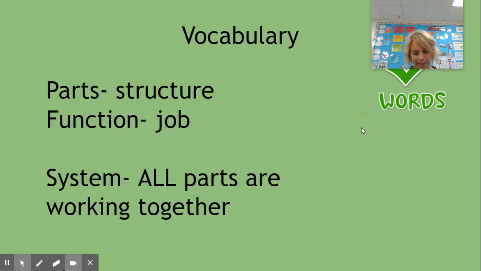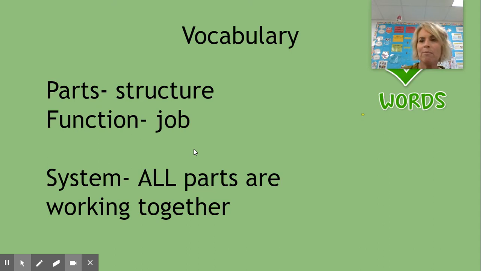So vocabulary today, real important words that we're going to use a lot in science. If you hear the word part, it just means structure. Structure means part, part means structure. Function means job, job means function. And then these are a system. A system is where all parts are working together.